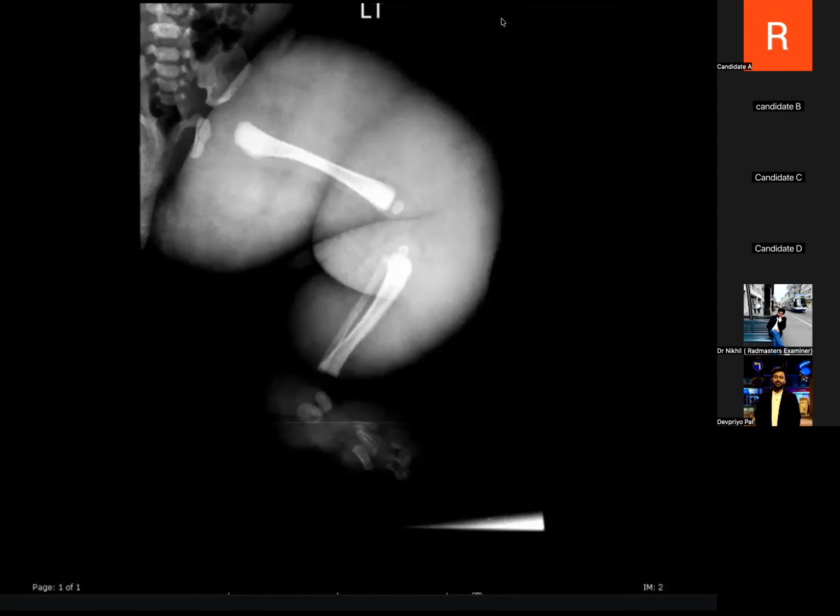This is a young infant who presented with enlarging swelling of the thigh. This is an X-ray radiograph of the left limb, including femur and lower leg, of a young child presenting with swelling of the limb. I can see there is diffuse soft tissue swelling involving the thigh and the lower leg.